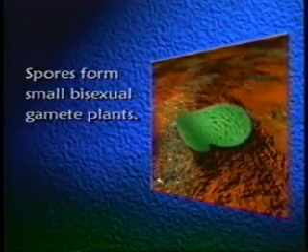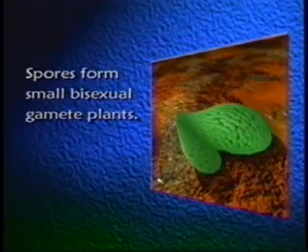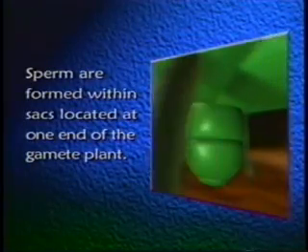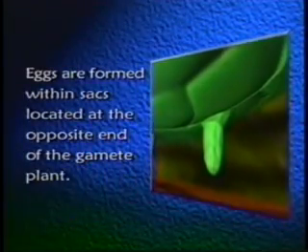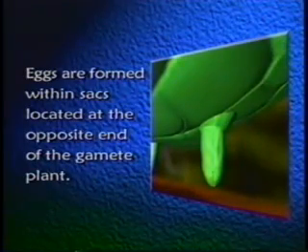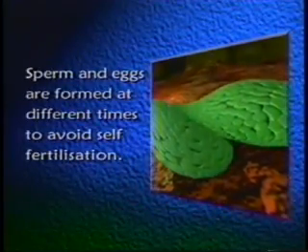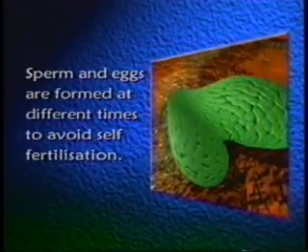Spores form small bisexual gamete plants. Sperm are formed within sacs located at one end of the gamete plant. Eggs are formed within sacs located at the opposite end of the gamete plant. Sperm and eggs are formed at different times to avoid self-fertilization.